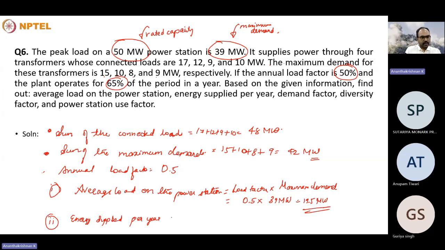We have calculated the average load, right? So this average load multiplied by time should give the energy supplied per year. So basically, it is 19.5 megawatt multiplied by time. Everything is annual, this is the annual load factor, so we have to multiply it by a year to get the energy supplied per year. That is 365 into 24.